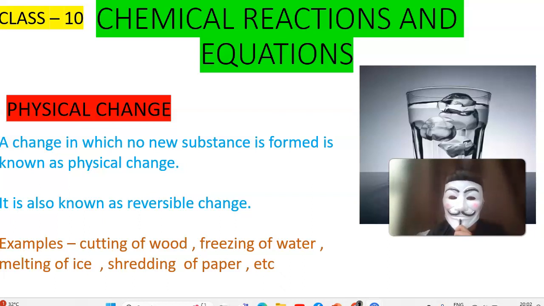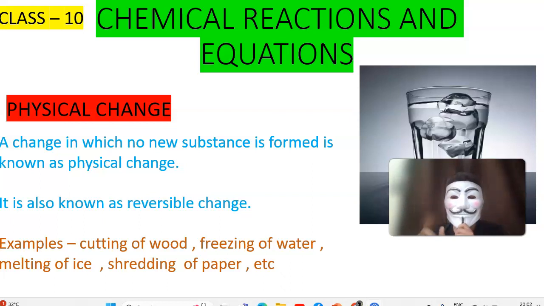We can state many statements from this, because a physical change is also known as a reversible change. We put ice in the glass and then the water is there. When we check again, the water can again be frozen and turned into ice. This is why we study physical change. There are many more examples I just told you.